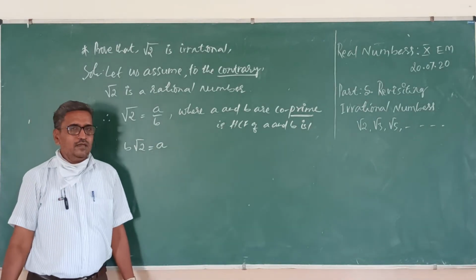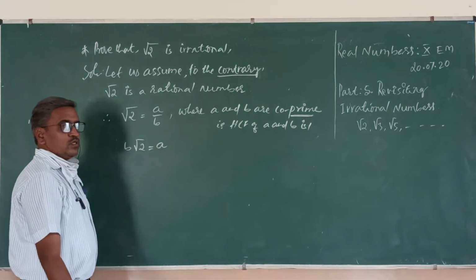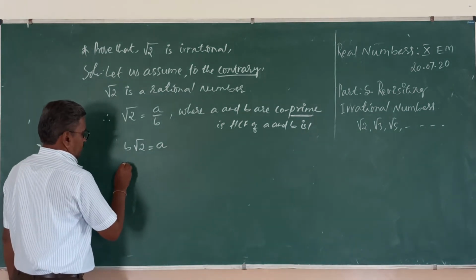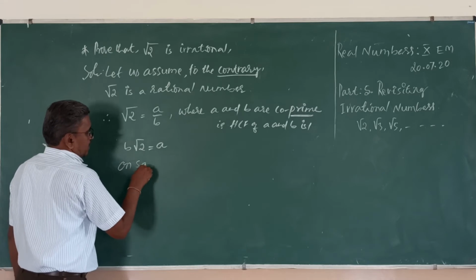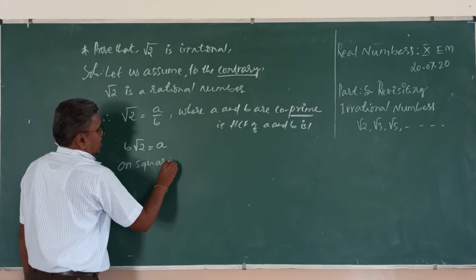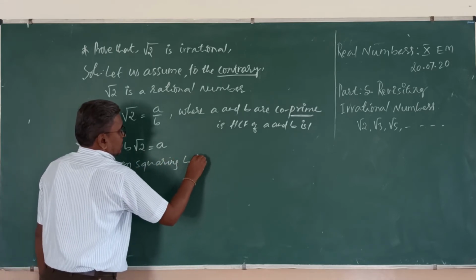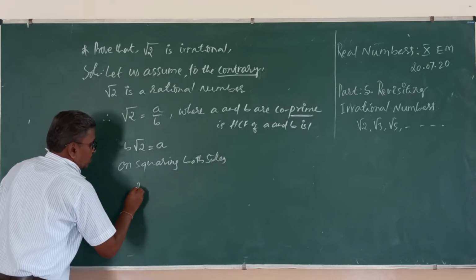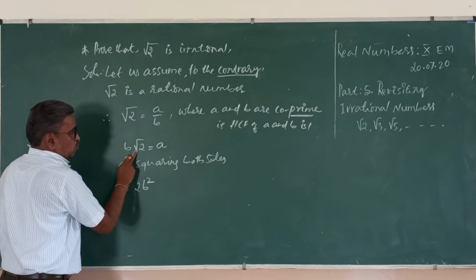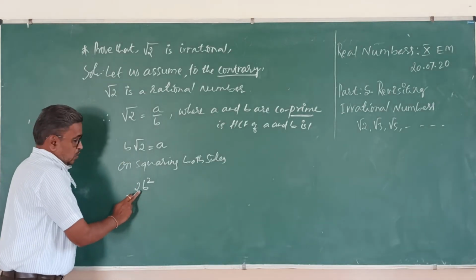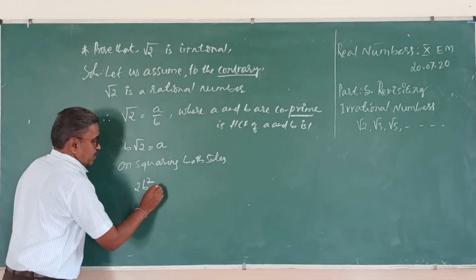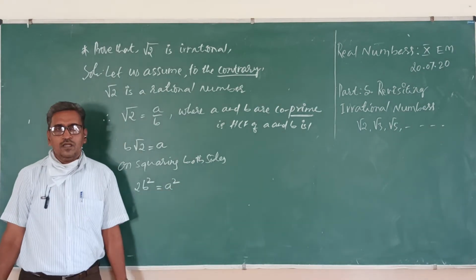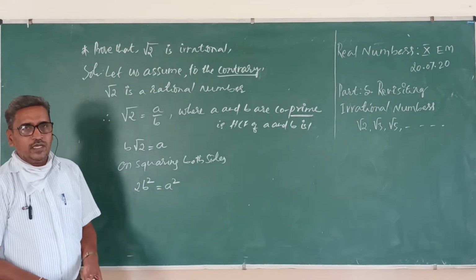Squaring both sides, 2b square, since root 2 square is 2, equals a square. So 2b square equal to a square.